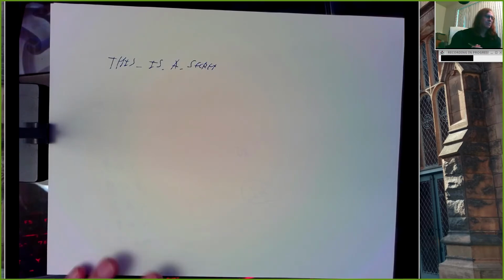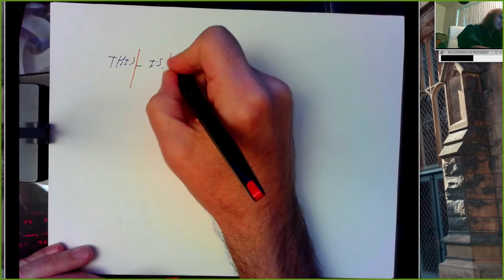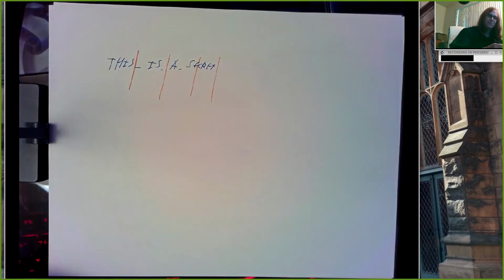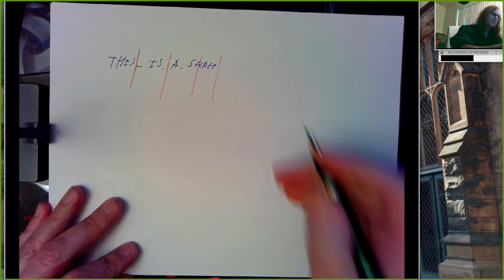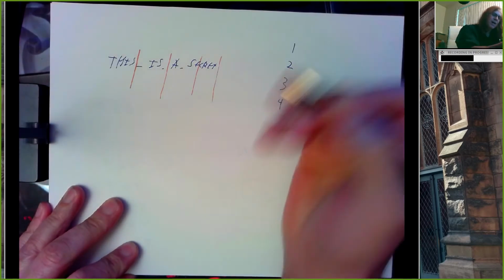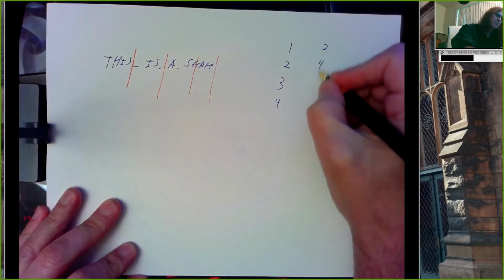Let's say we're going to go in blocks of 4. So we'll break this into "this", "is", "a", "secret". That worked out well. And a permutation is just a reordering of things. We're going to spend a week talking about permutations later, but here's an example of a permutation. I could rearrange 1, 2, 3, 4 to be, I don't know, 2, 4, 1, 3.